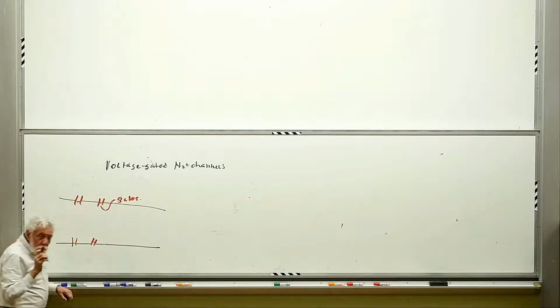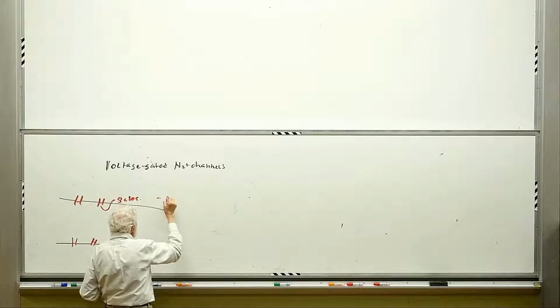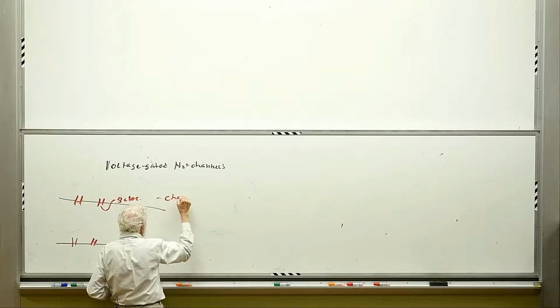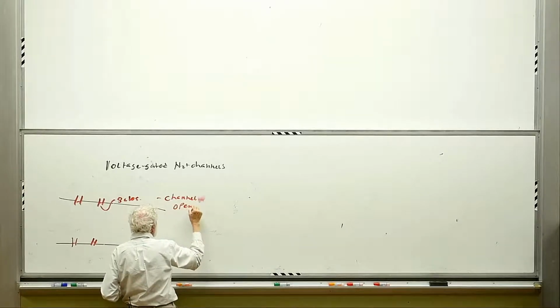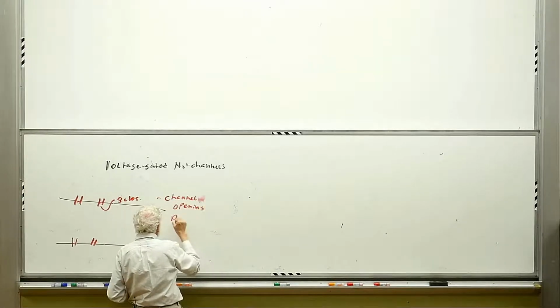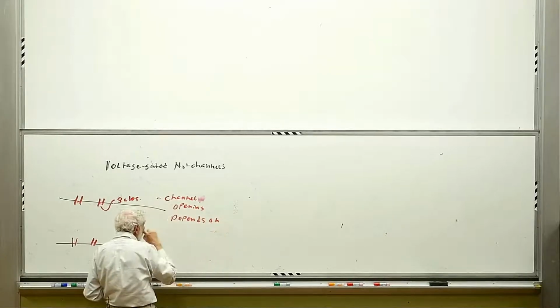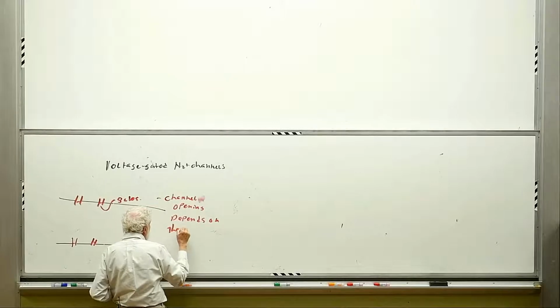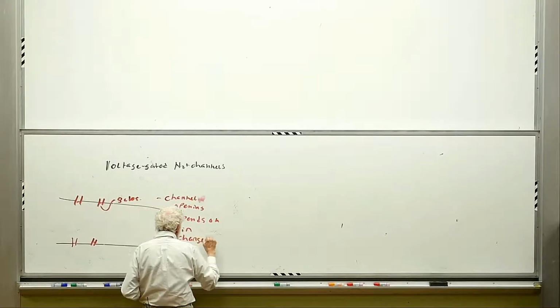But what we didn't describe in that discussion, we talked about it for the potassium channels, what we didn't talk about for the sodium channels was that the channel opening depends on their charge sensitivity.